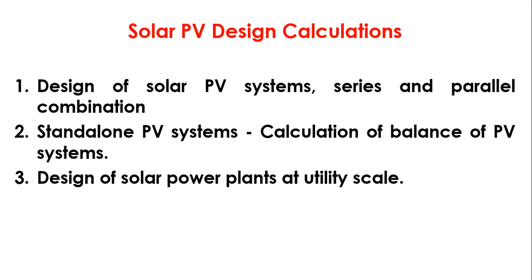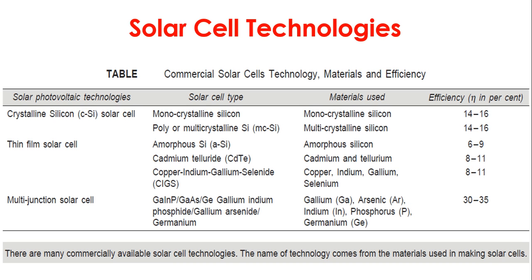At first glance we shall go with the design of the solar PV system, its series and parallel combination, and then I'll try to discuss the same for the standalone system. The lecture on how to design this standalone PV system was already uploaded.